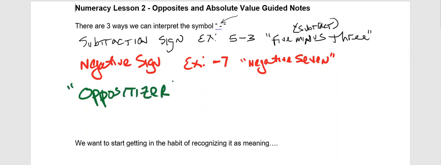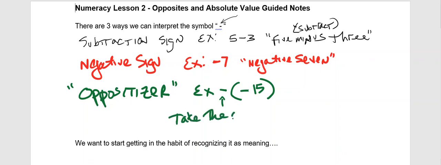I'll give you an example. If I start with this number, negative 15, but then I put another negative sign in front of it, what I'm really asking you to do is take the opposite.